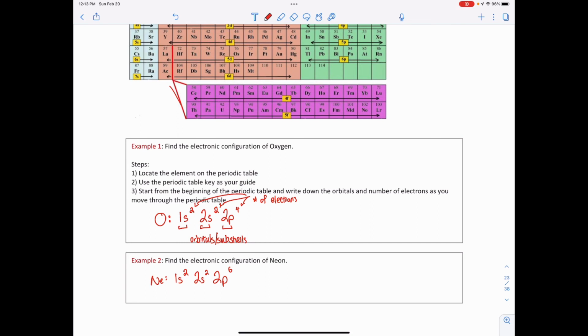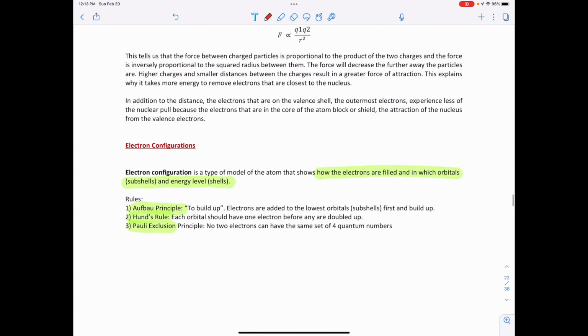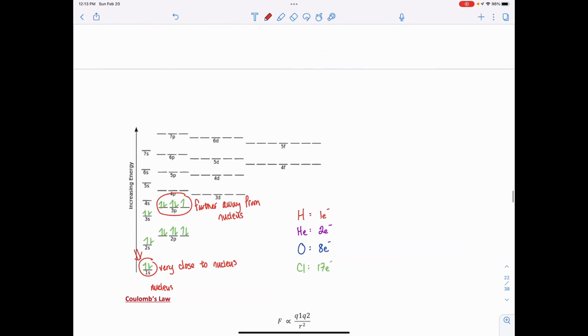Instead of drawing these complicated-looking energy diagrams every single time, we can just use the electronic configuration in the periodic table to figure out the unique identity of that element. I just want to show you oxygen.